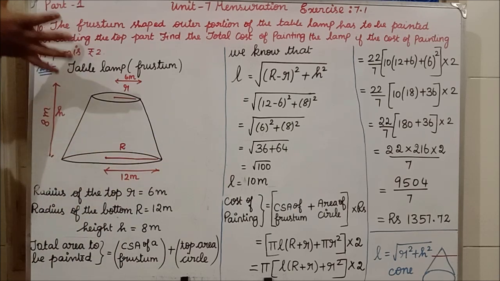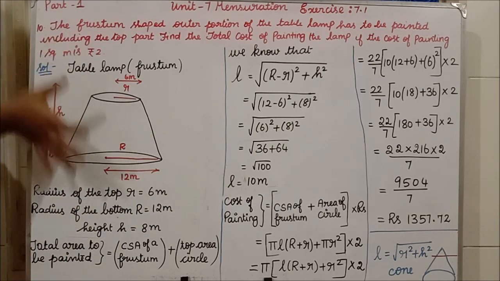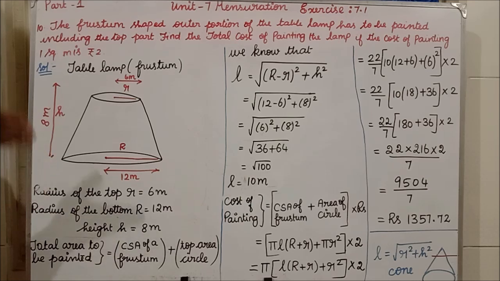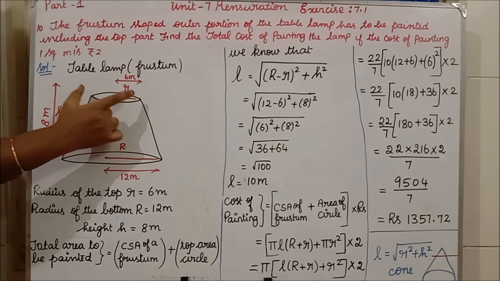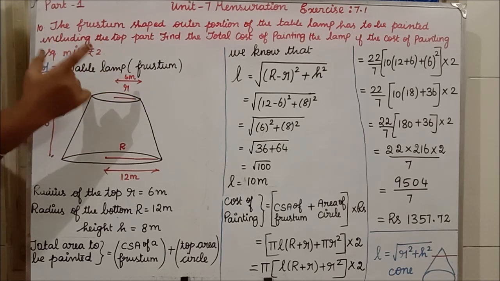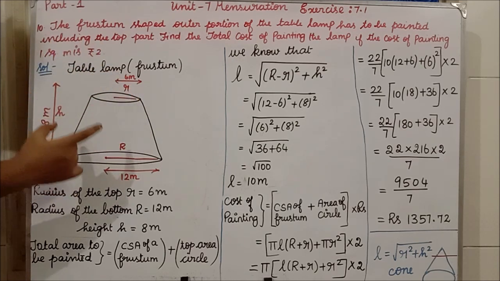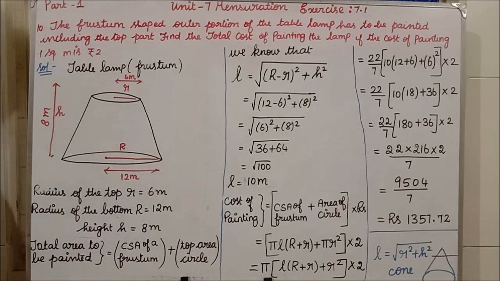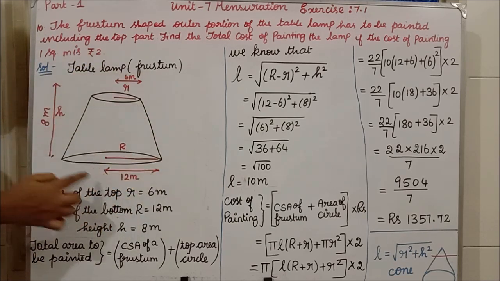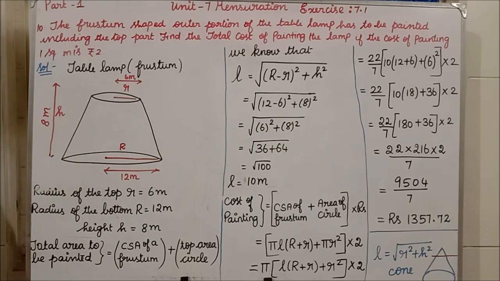That is the total surface area of the frustum. If they are talking about the total surface area of the frustum, what formula will you apply? First you have to write the curved surface area of the frustum plus the area of the circle, pi small r square, plus the area of the circle, pi capital R square. That is the total surface area of the frustum.